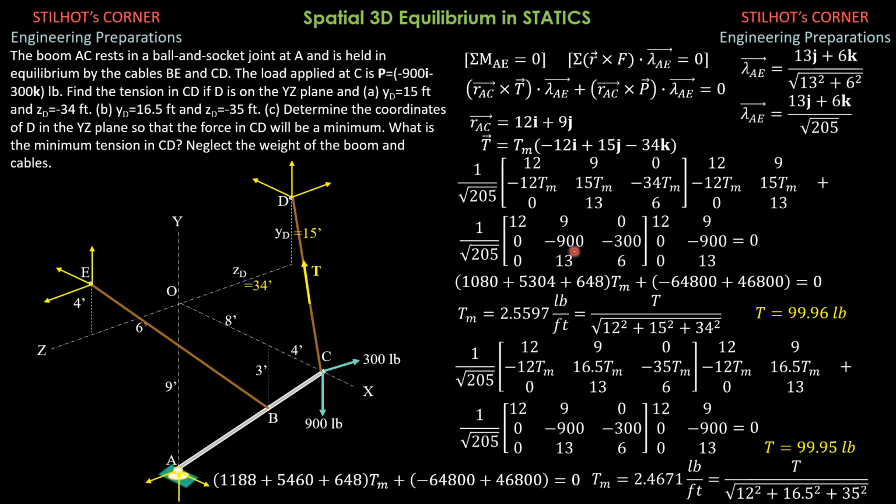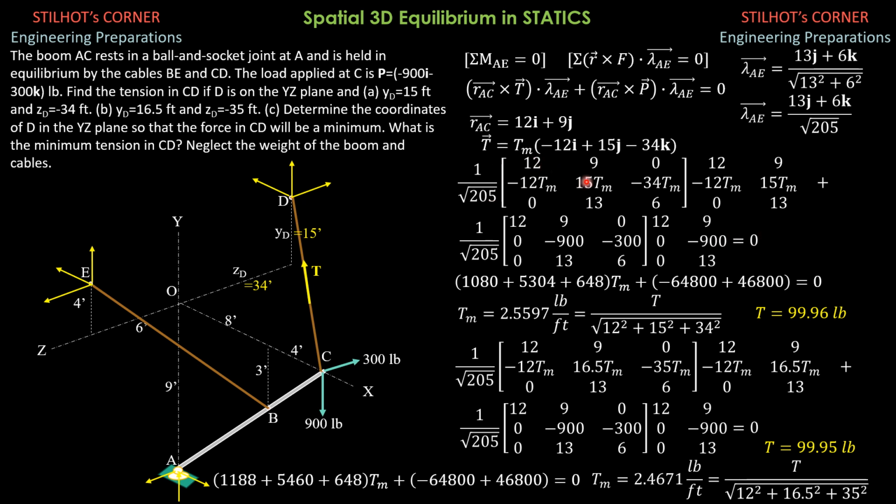Copy the first two elements. Then for the axis, lambda of axis AE, we have 0i, 13, 6, then divided by square root of 205, we factor out. Then equate to 0 because this is an equation of equilibrium. Take note that 0 over square root of 205 is still 0, so we don't mind that.